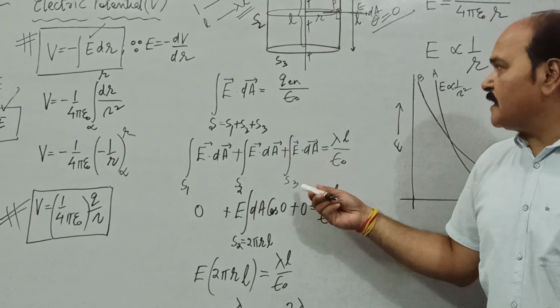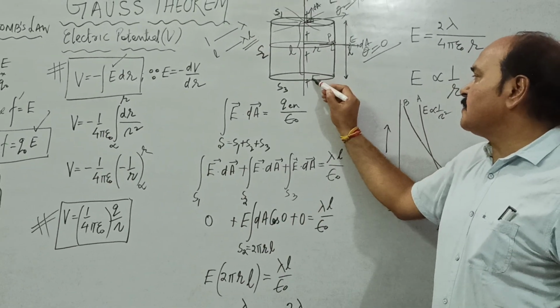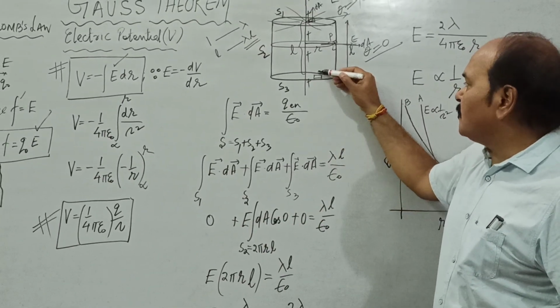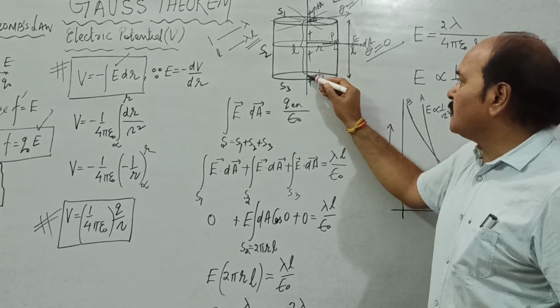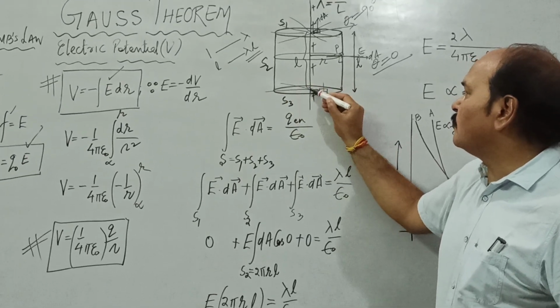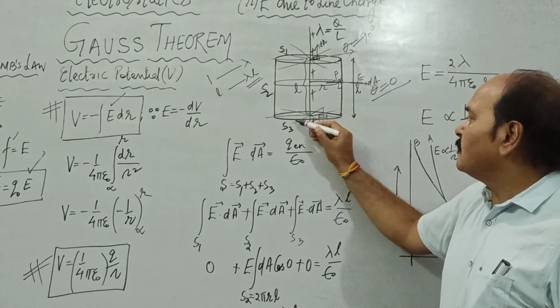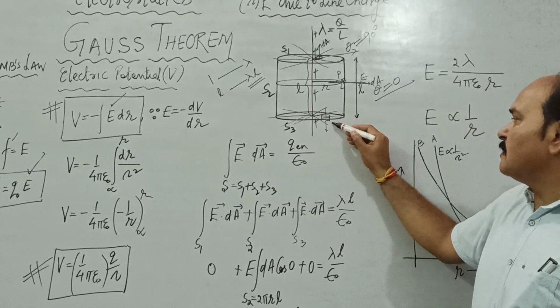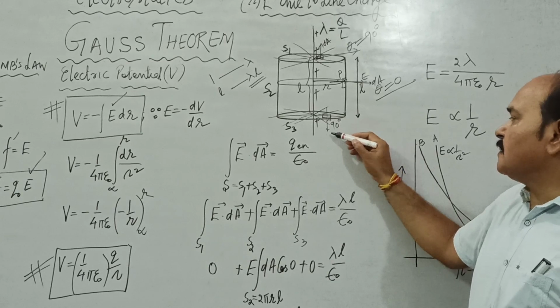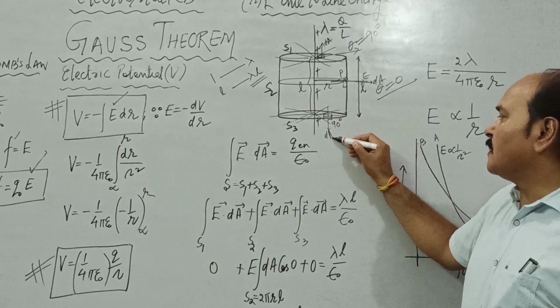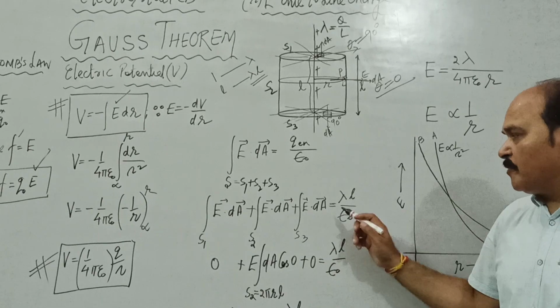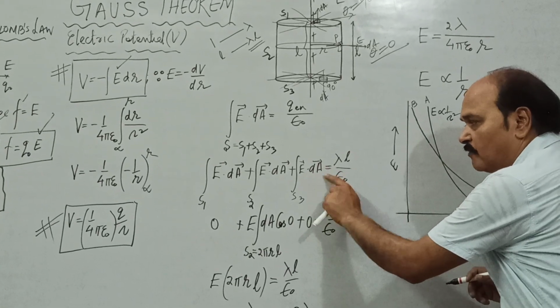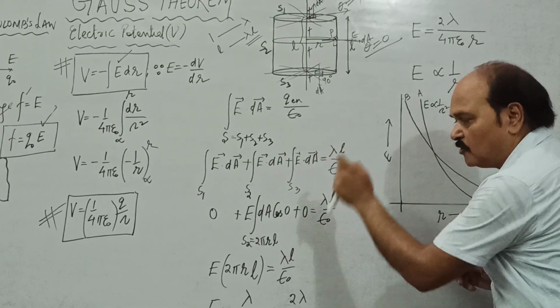For surface S3, if we take a very small surface here, the direction of the area will be normal to the surface, and the electric field is radially symmetric. Therefore, the electric field lines will be parallel to this flat surface, and the angle between E and dA will be 90 degrees. This is dA, and the electric field is along the surface. Again, because these two are perpendicular vectors, their dot product is 0.